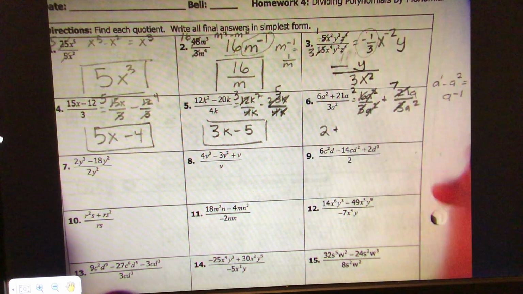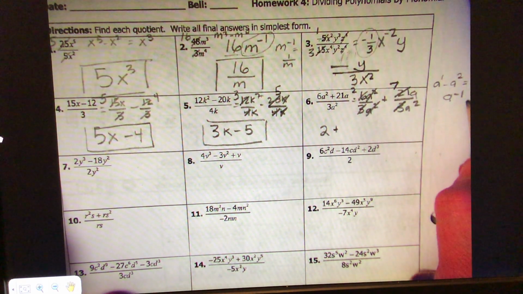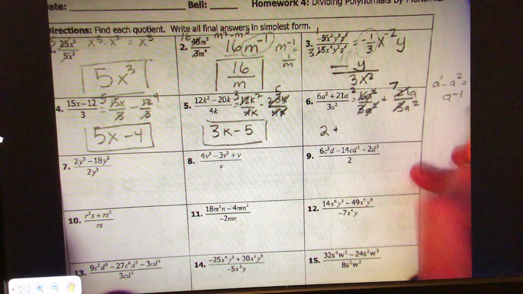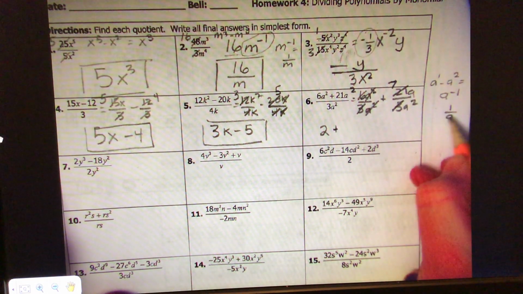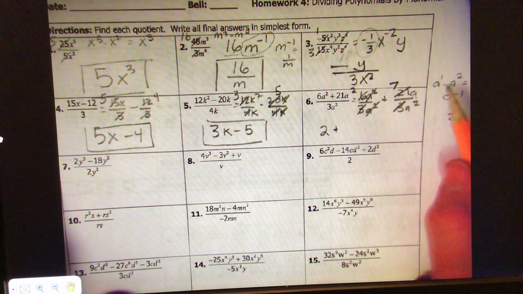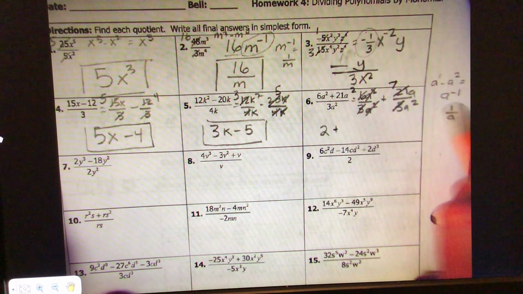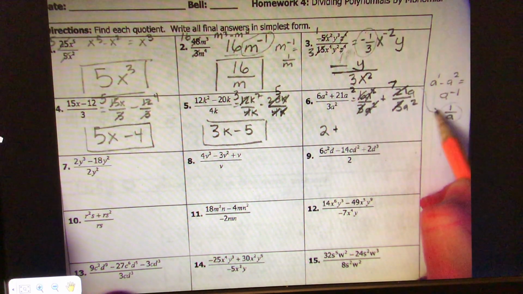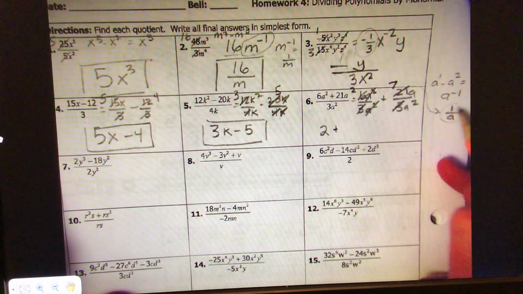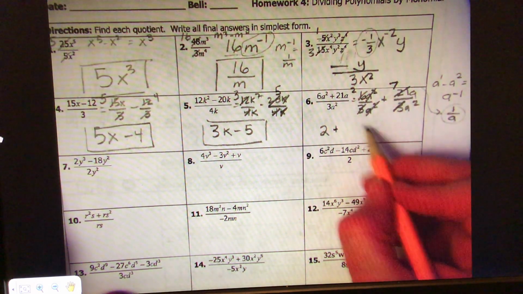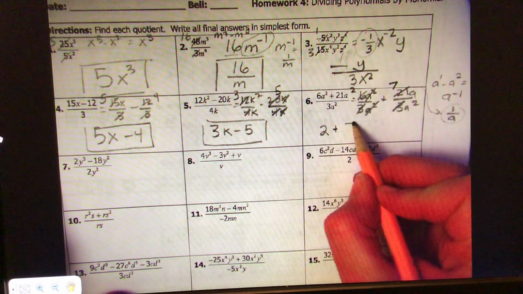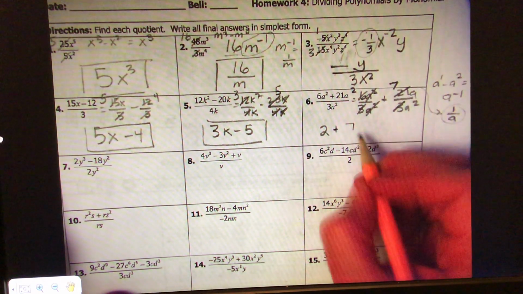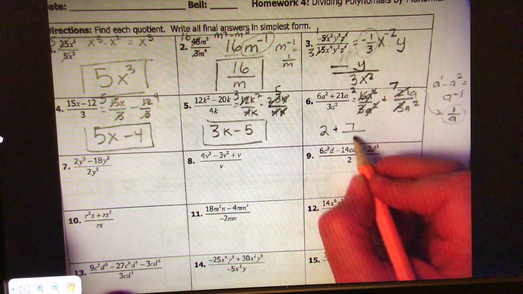Okay, remember what a to the negative first power means: 1 over a. So, in essence, I have 7 times 1 over a, right? 7 over a.